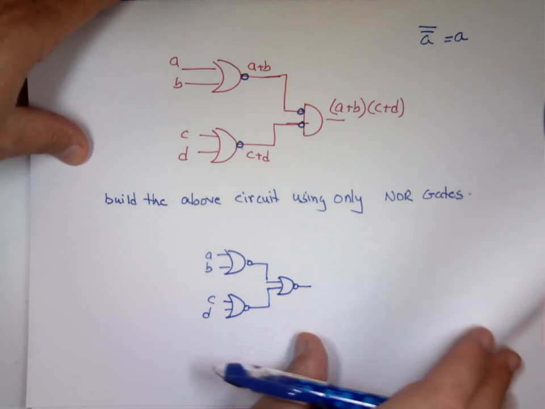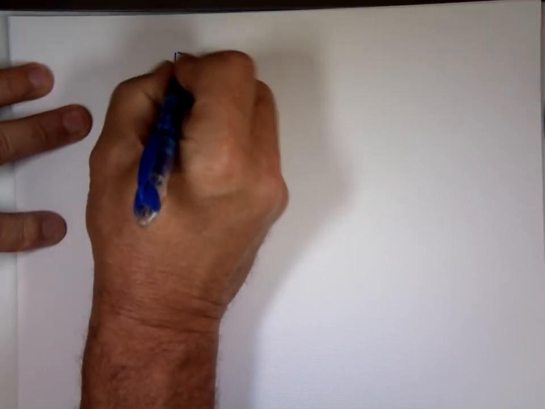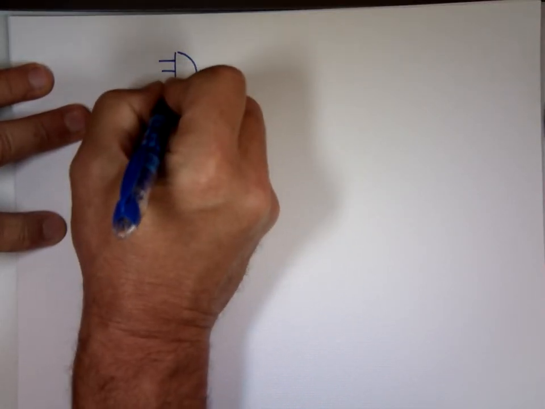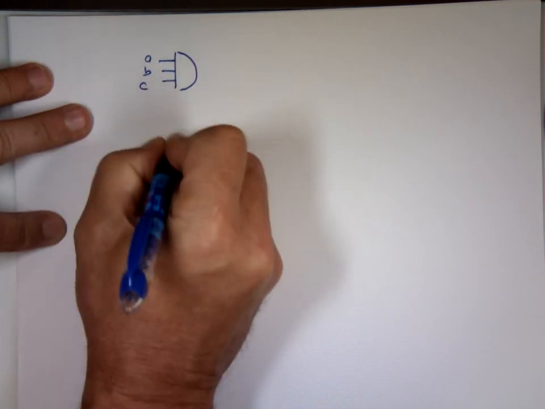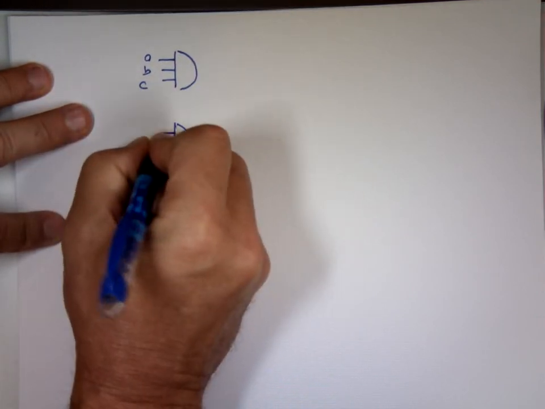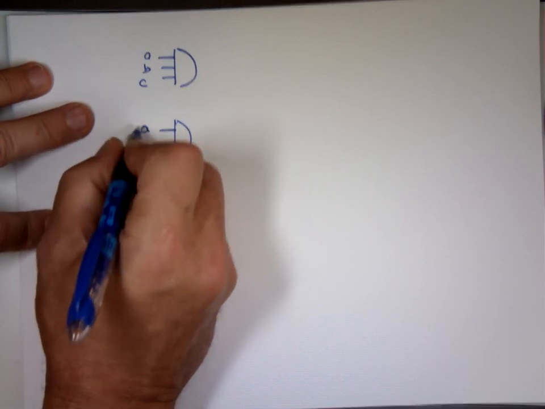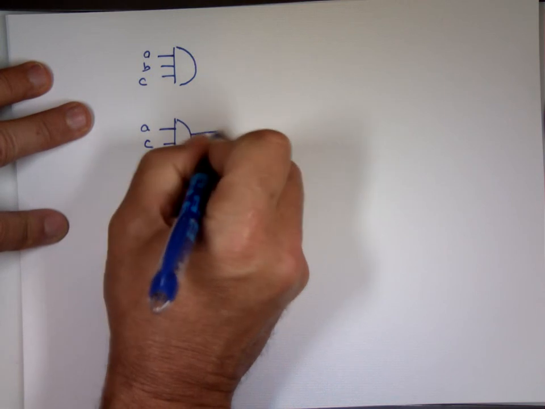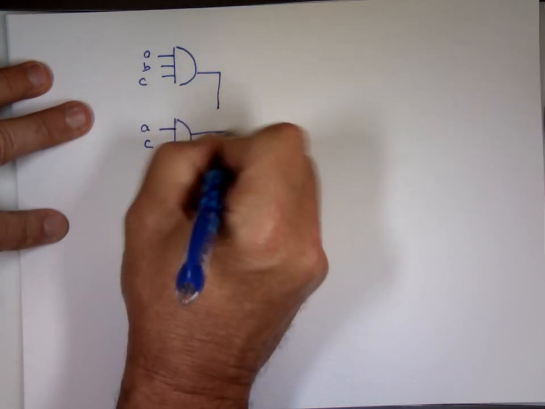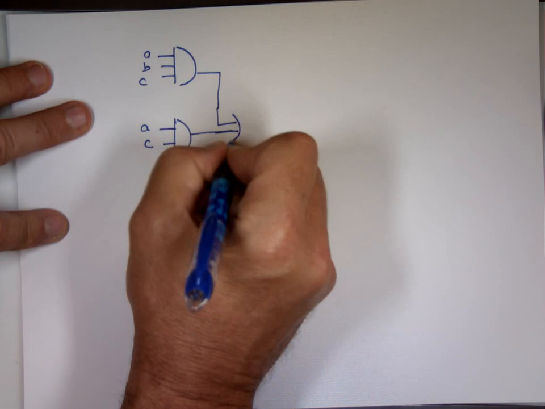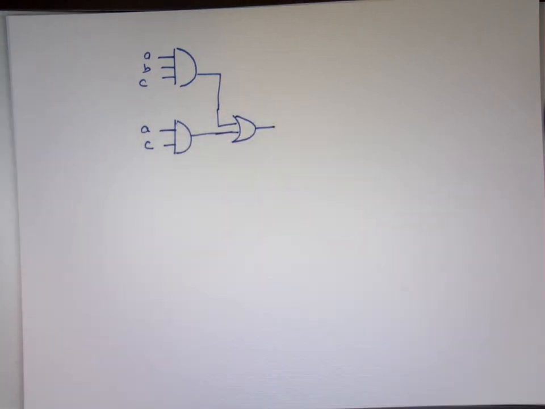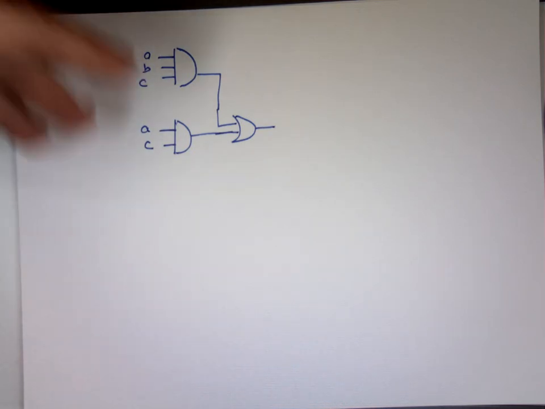If my design looks like this, I made one of them 3, one of them 2, one of them 2 here.